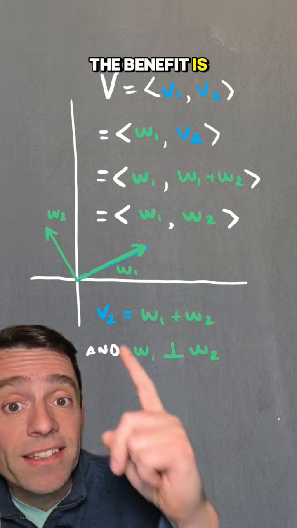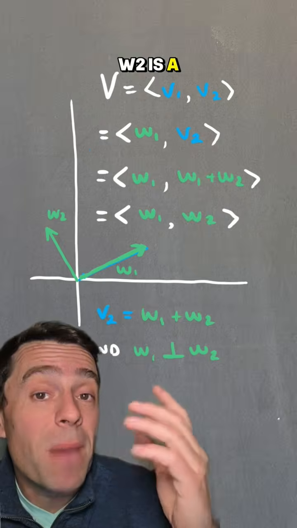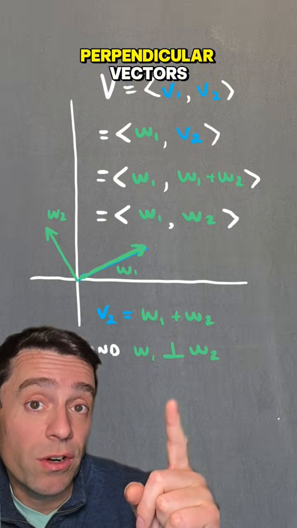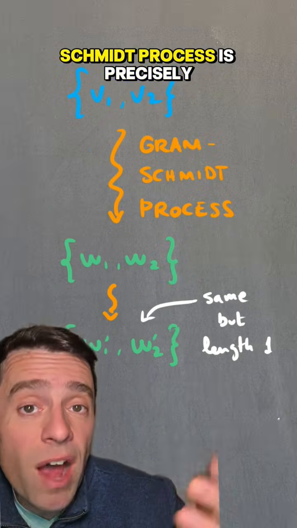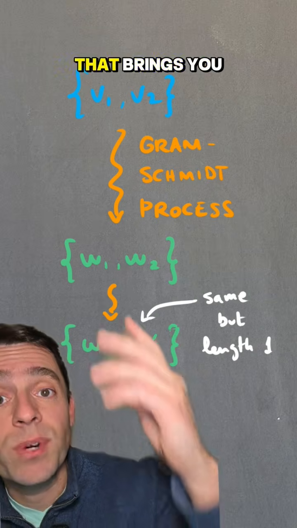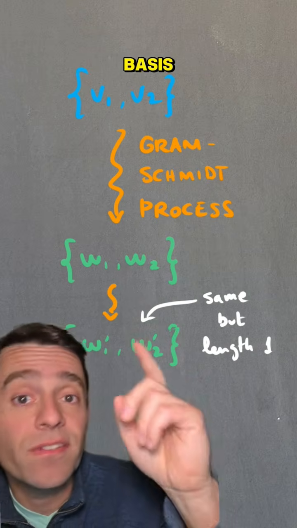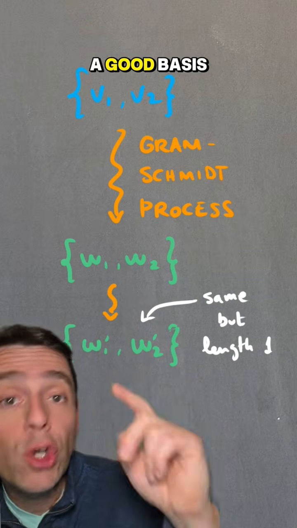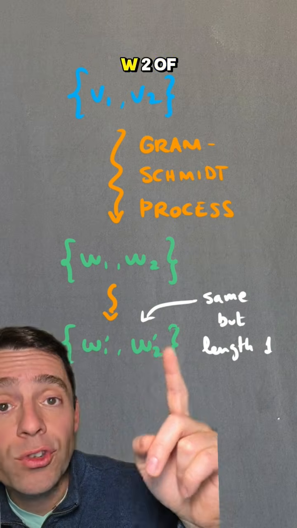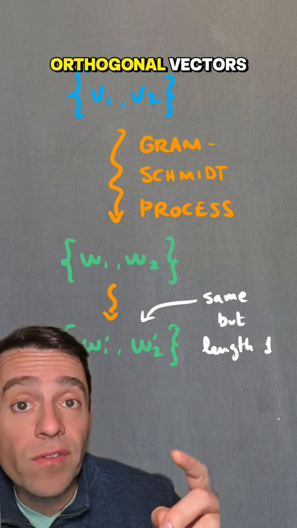Now, the benefit is that w1 and w2 is a much better basis because they are perpendicular vectors. So the Gram-Schmidt process is precisely the algorithm that brings you from the bad basis v1 and v2 to a good basis w1 and w2 of orthogonal vectors.